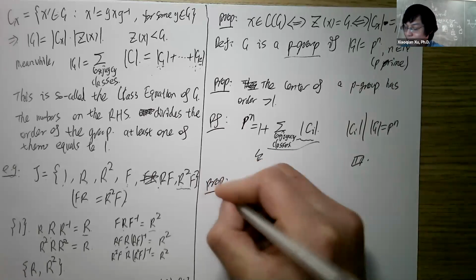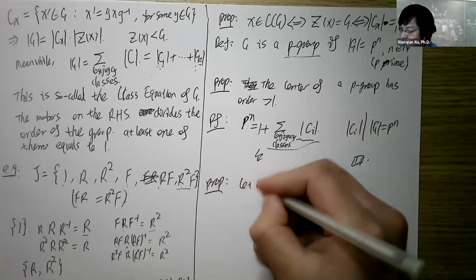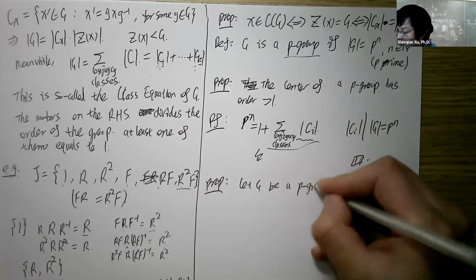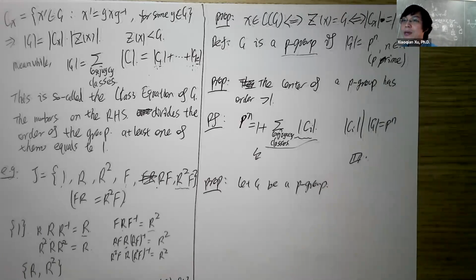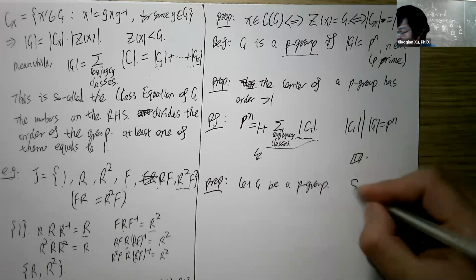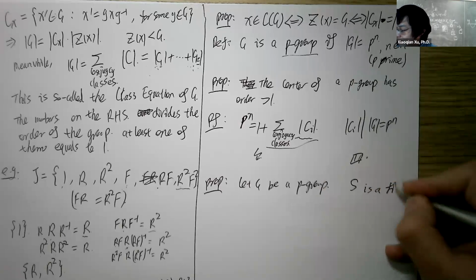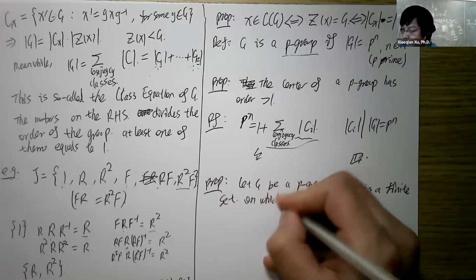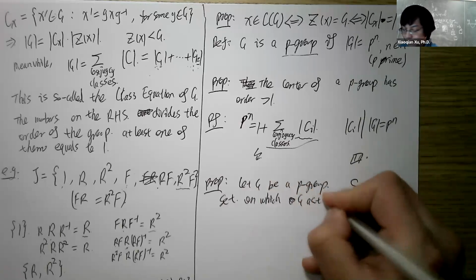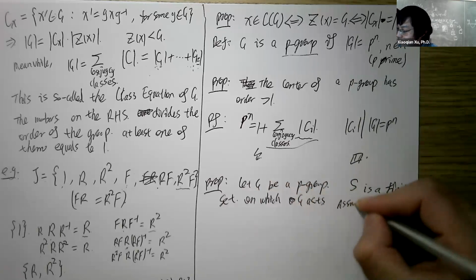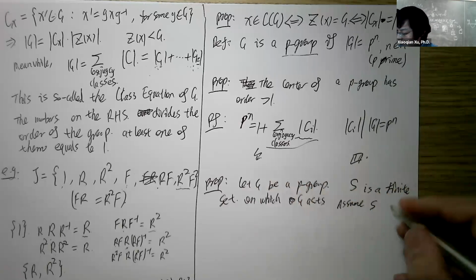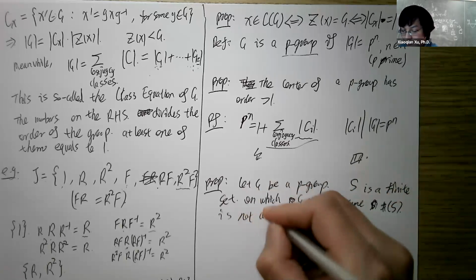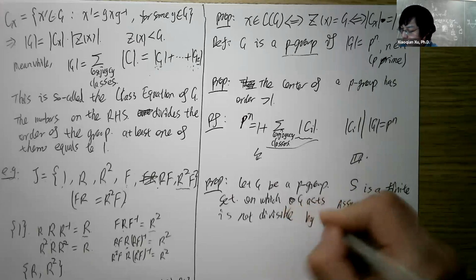Then we will have a corollary to this one. Let's say G is a p-group, and S is a finite set on which G acts. Assume the order of S is not divisible by p.